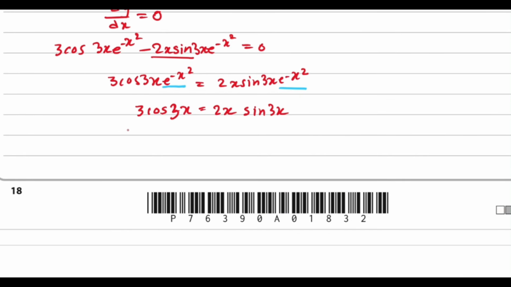Now we can further simplify: I can write 3 is equal to 2x into sine 3x divided by cos 3x.